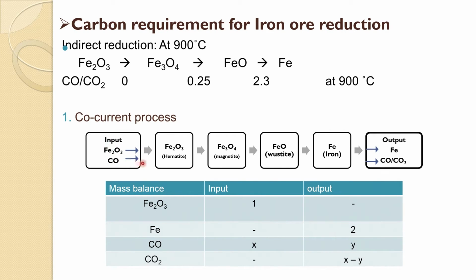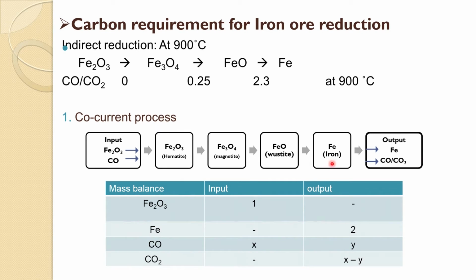So, in the co-current process, hematite and carbon monoxide are being fed together from the top. So, that is how the input is. Then it has to of course reduce hematite, magnetite, then wustite and then iron. And remember, to reduce to iron, your CO-CO2 ratio has to be minimum 2.3 here, so the product can come to 1.5.